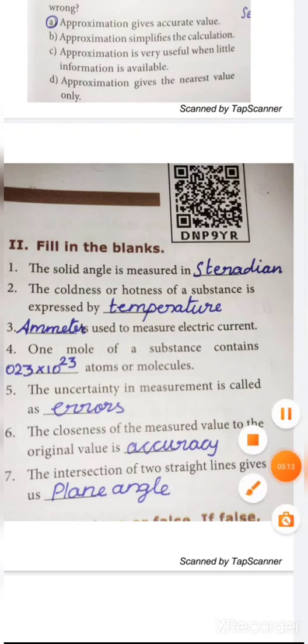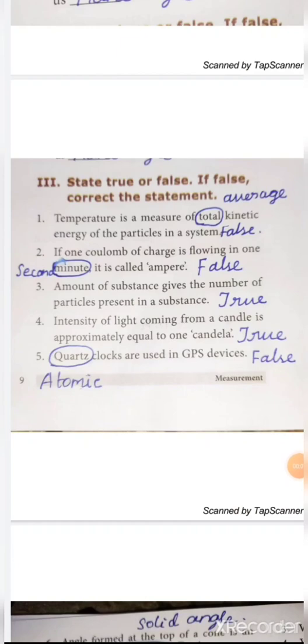Next, true or false. First one, temperature is a measure of total kinetic energy of the particles in a system. Most of you already marked it, but I will explain again, so listen. Temperature is a measure of total kinetic energy, that is wrong.